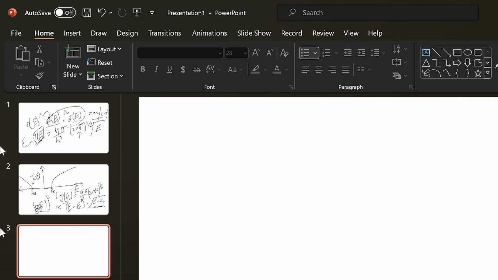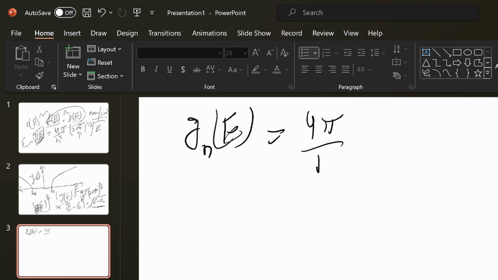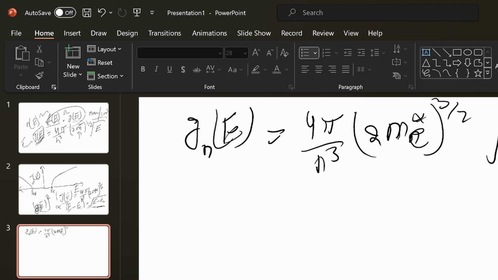Density of states for electrons. I will explicitly write that: g_n(E) is equal to 4π/h³ into (2 m_n*)^(3/2), where m* is the effective mass of the electron, m_e or m_n, it doesn't matter, times the square root of E minus Ec.